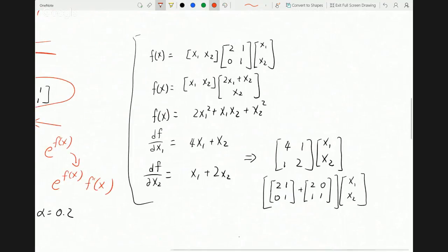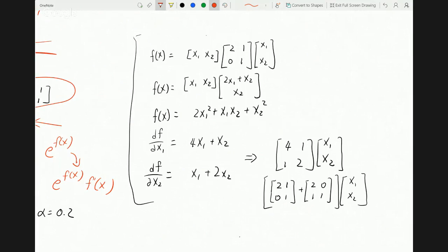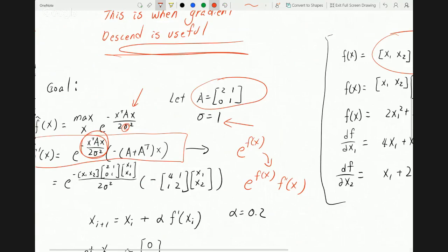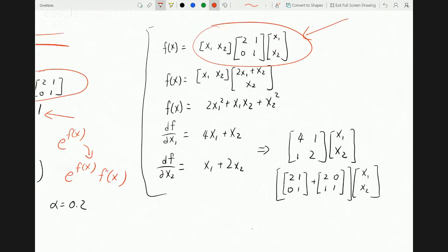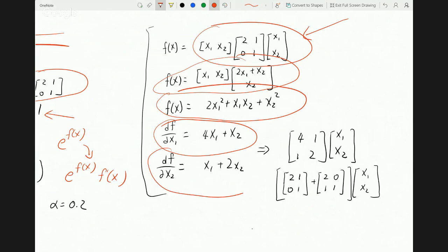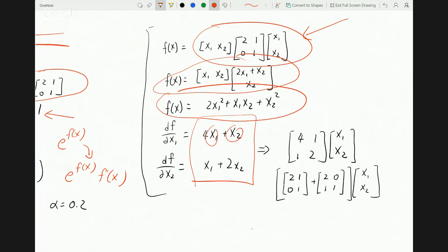Now, you might not remember how to find the derivative of this. For the derivative of this top portion, if you write out the x in the vector format, it looks something like this, okay? And if we multiply them out, it's equal to this. And what we do is we take the derivative with respect to x and with respect to y. Once we have the two derivatives, notice how you can take out x1, x2 to form x1, x2 and the matrix.